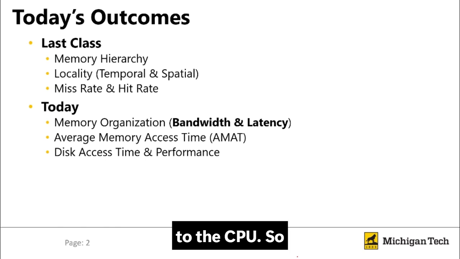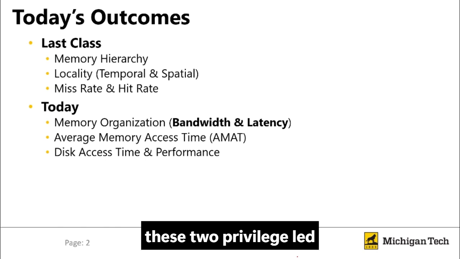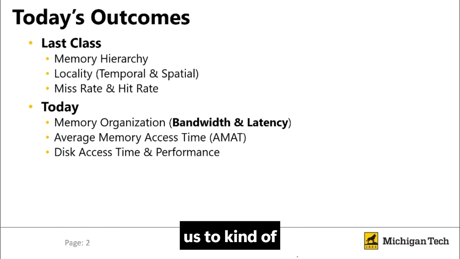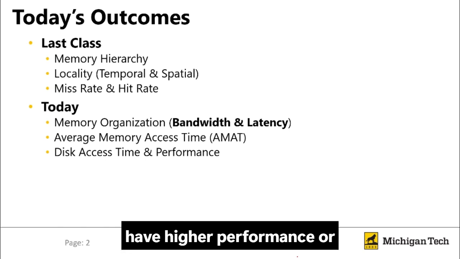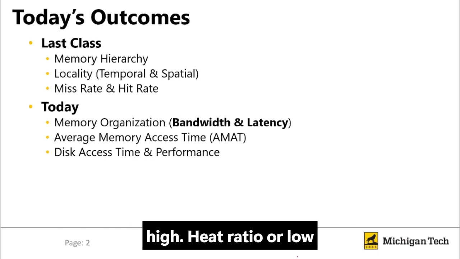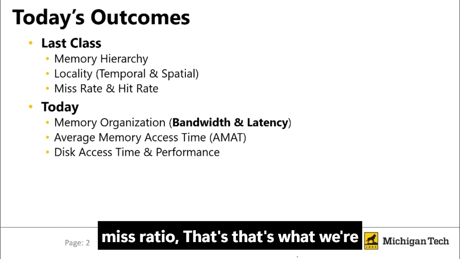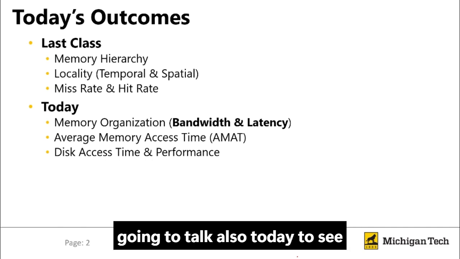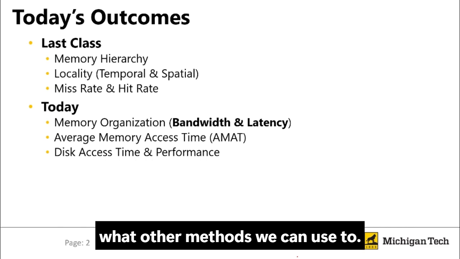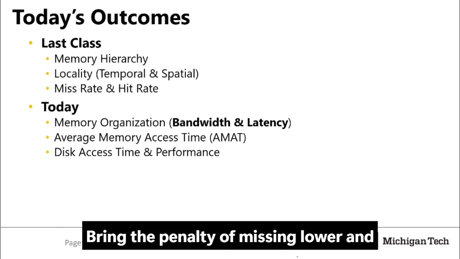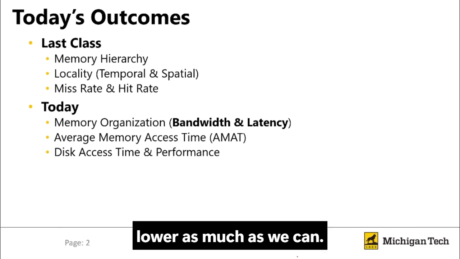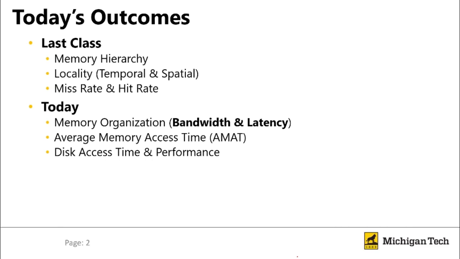These two privileges let us design a cache that has higher performance, or a high hit ratio or low miss ratio. That's what we're going to talk about today, to see what other methods we can use to bring the penalty of missing lower and lower as much as we can.